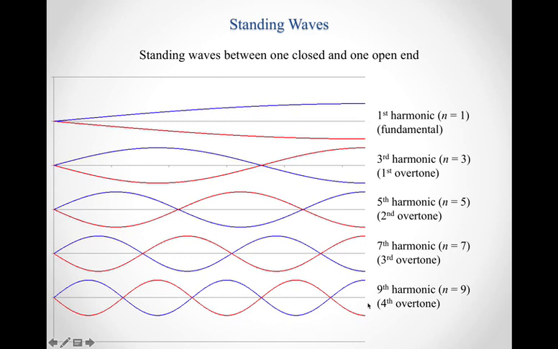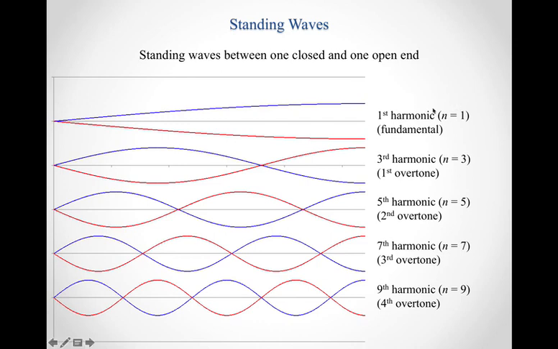An example for a closed-open standing wave is the air column within a clarinet or a trumpet. In those cases, unlike with the flute that's open at both ends, because in a flute you're blowing across the top, in a clarinet or a trumpet, your mouth sits at one end. So that end is closed off, but obviously the instrument opens up at the other.